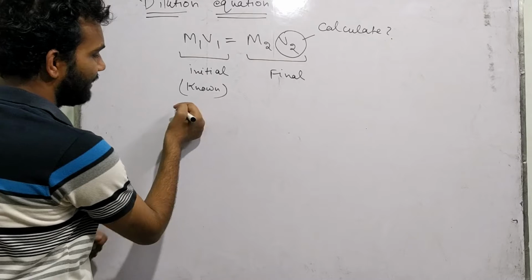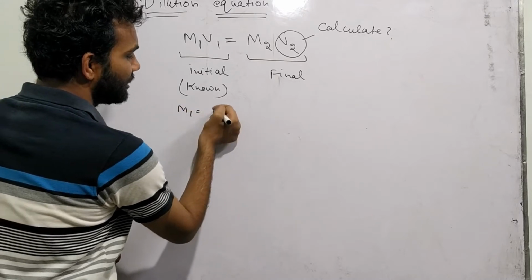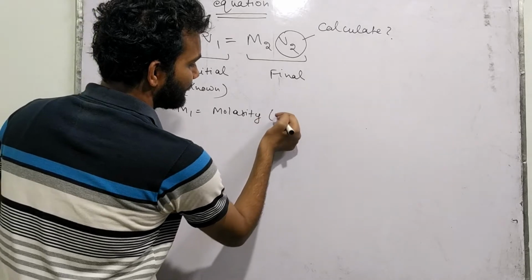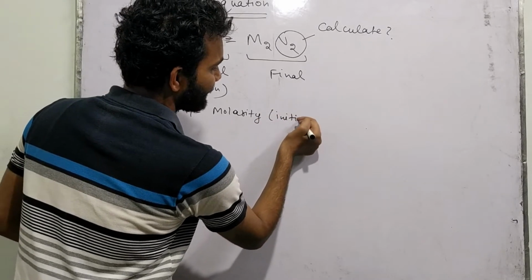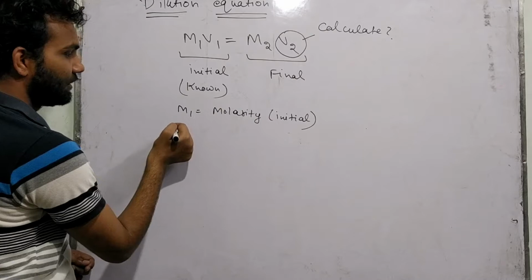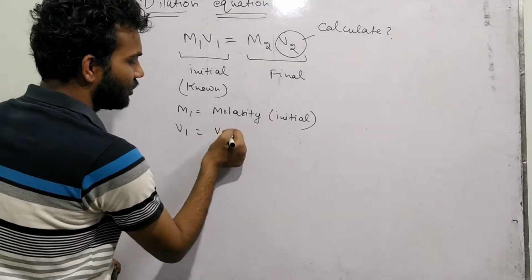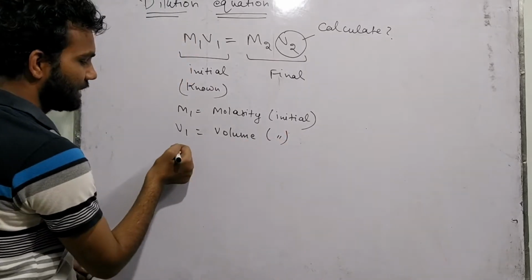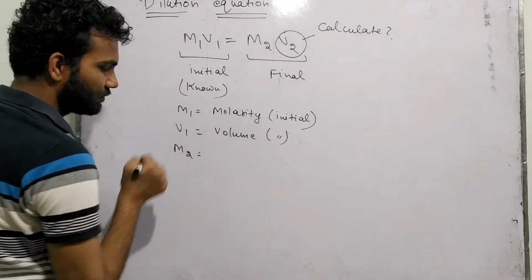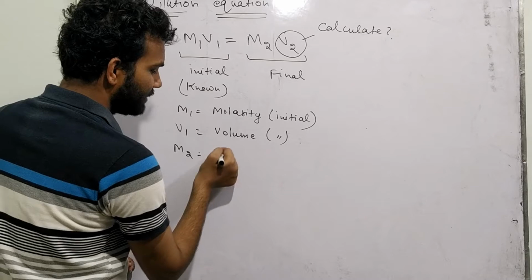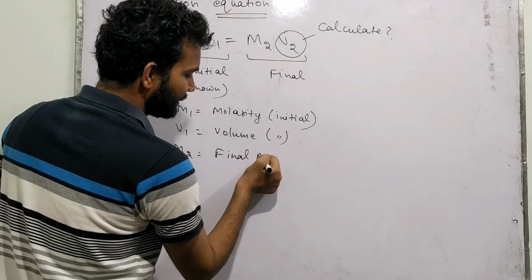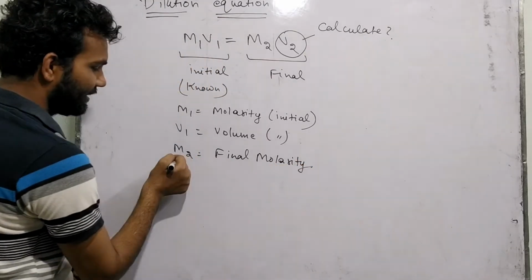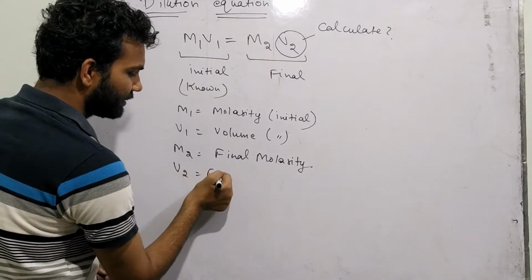Now M1 is the initial molarity, V1 is the initial volume, M2 is the final molarity, and V2 is the final volume.